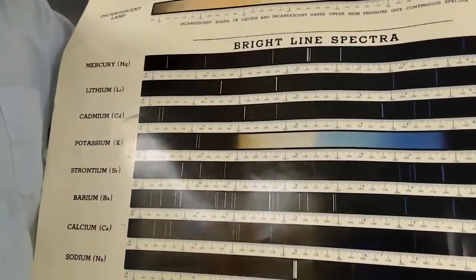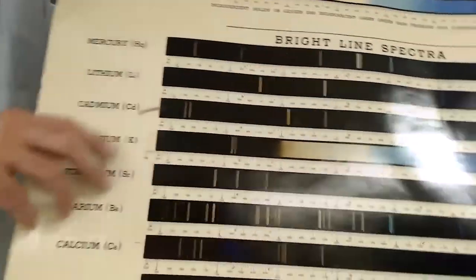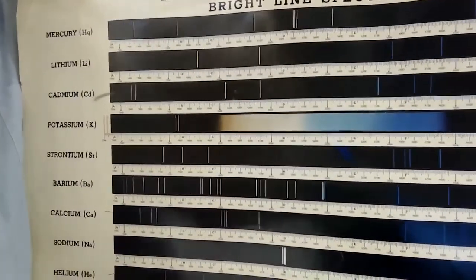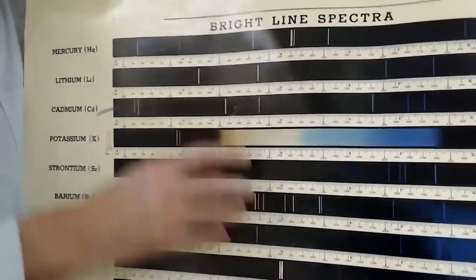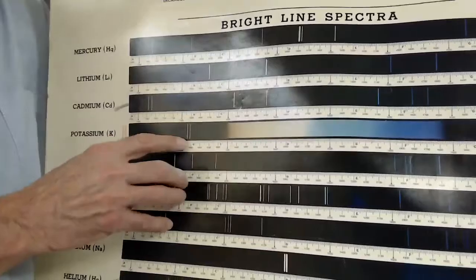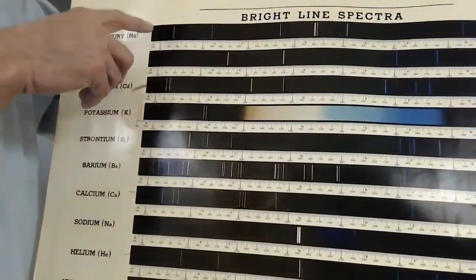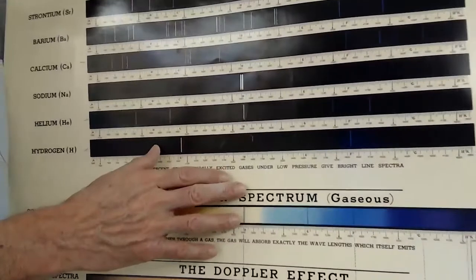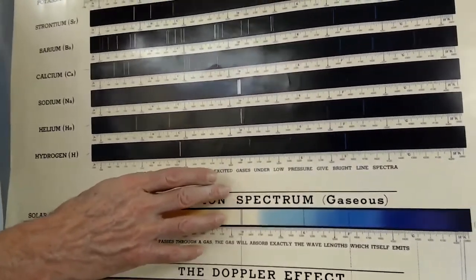I should maybe point out also that each different chemical element has its own characteristic pattern of lines. Here's hydrogen down at the bottom. Being a relatively simple atom, it's got a pretty simple spectrum.